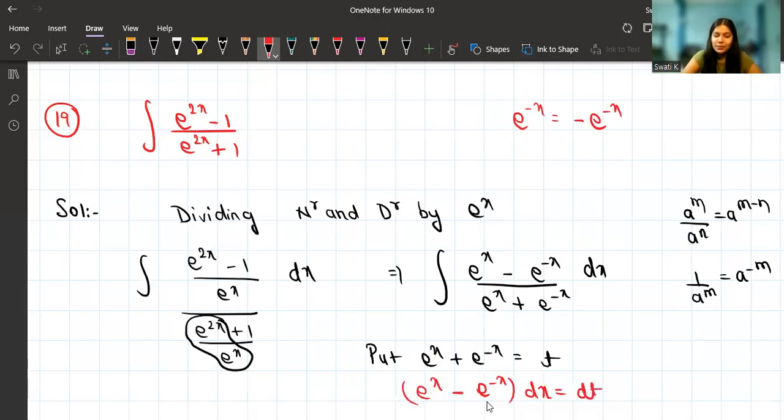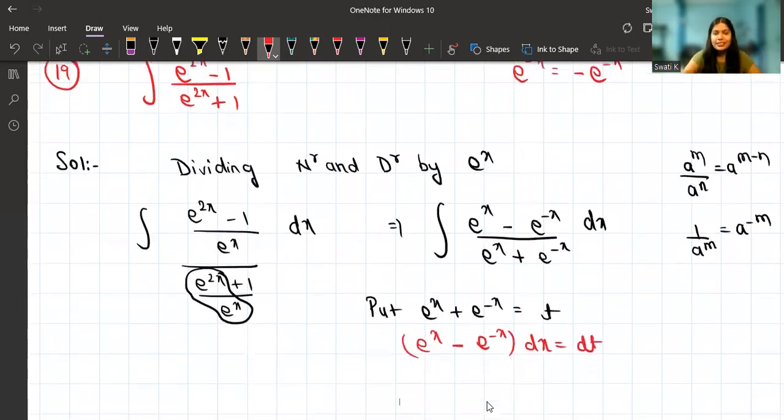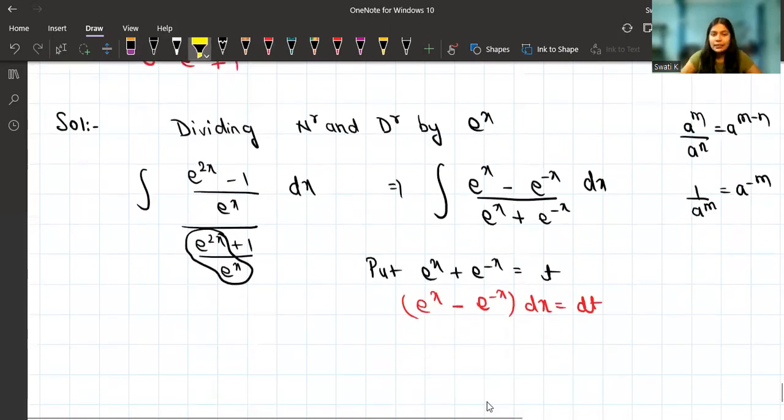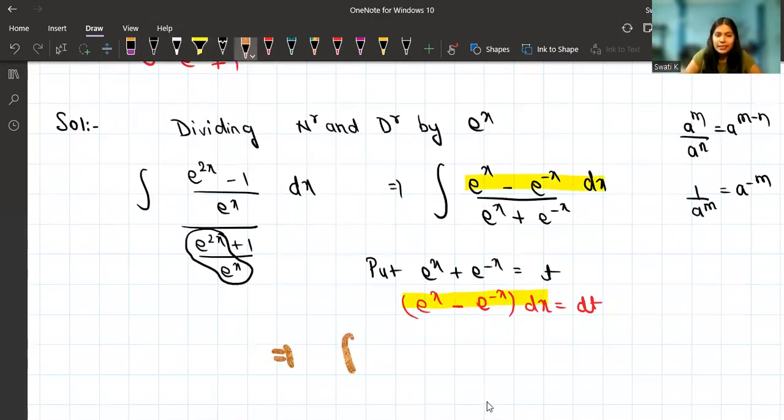Now this looks very interesting because I can see that we have the exact term in the question. So you are simply going to write this as integration of e raised to x minus e raised to minus x dx, which is nothing but dt, upon t.